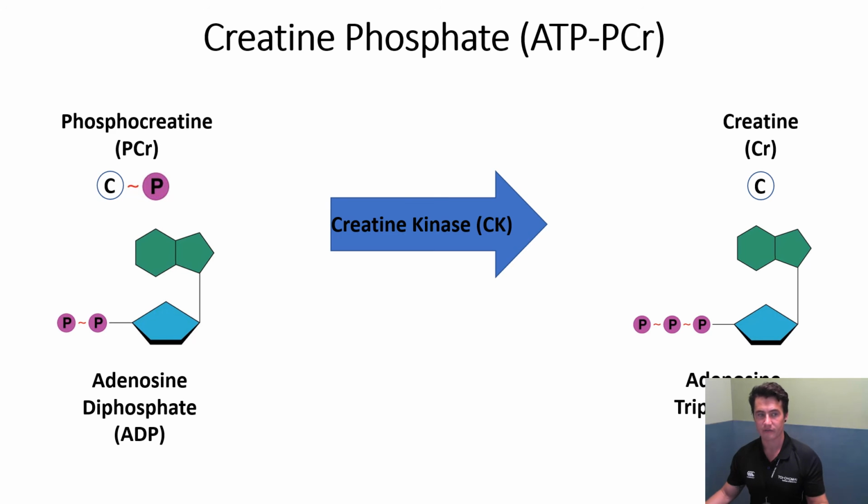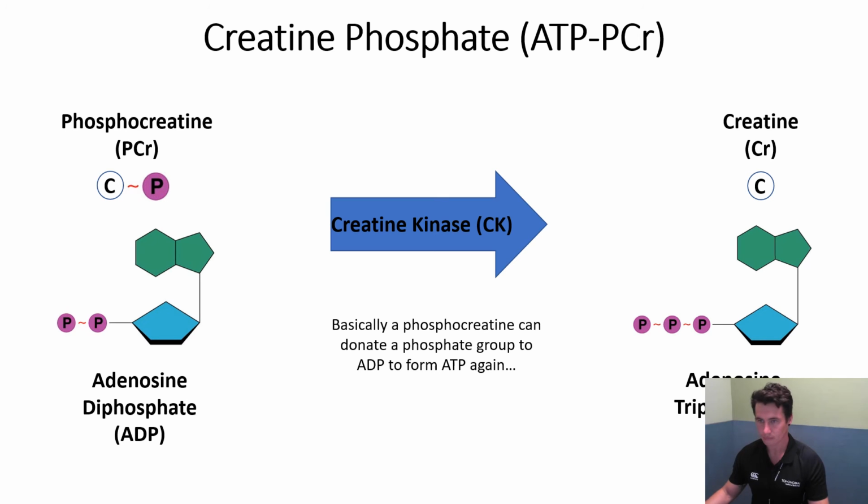As soon as that creatine phosphate is used up, then we no longer have the ability to regenerate ATP in this fashion. You only have limited stores, and it takes a long time to recover, like hours. Basically, a phosphocreatine can donate a phosphate group to ADP to form ATP again.